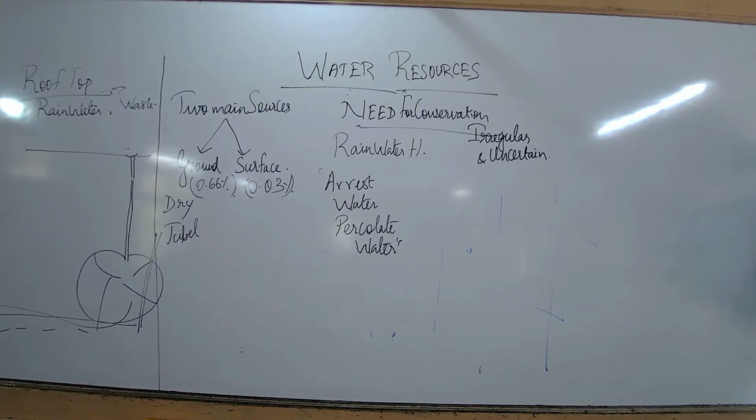What is RH? Rainwater harvesting. Most popular slogan of the RH, not for. Of the RH, yes, put that in your notebook. Put it into double inverted comma. Arrest water and percolate water.